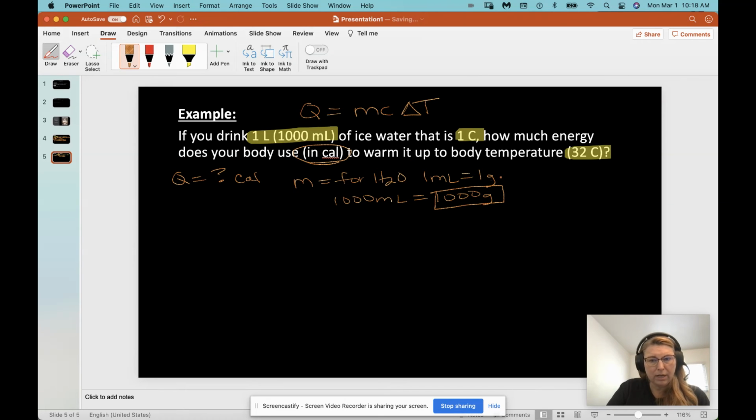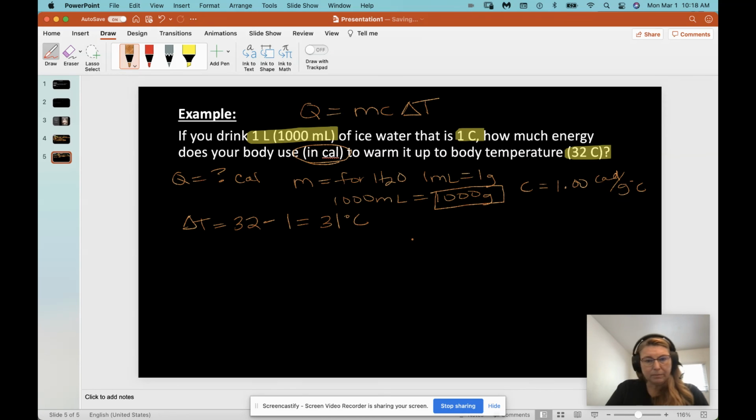And then finally, we have C. So in this case, because we're solving for calories, we're going to be using the specific heat of water in calories, which is just 1 calorie per gram degree Celsius. So this is just going to be 1. Which makes our calculation a little bit easier. And then finally, delta T is going to be ending, which is 32, minus starting, which is 1. This would be 31 degrees Celsius.